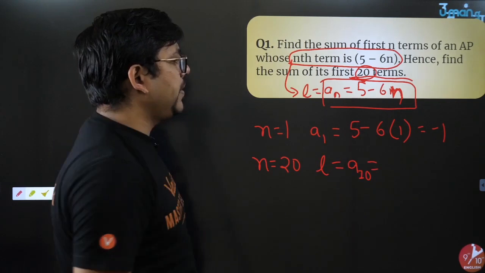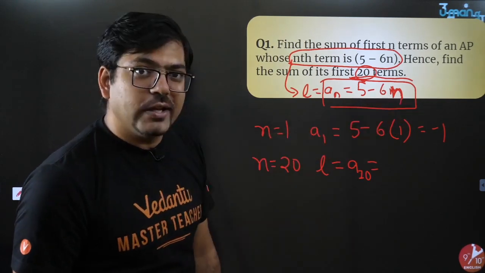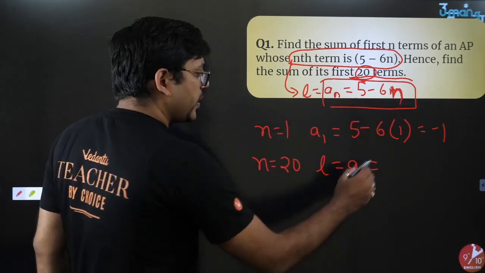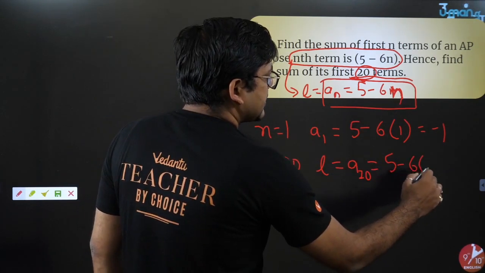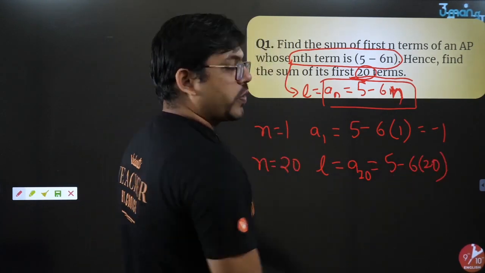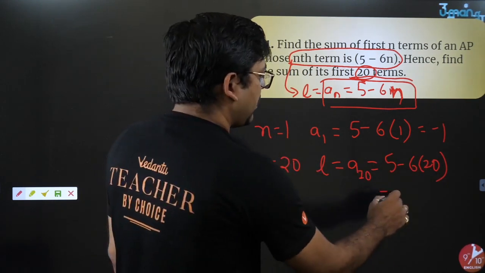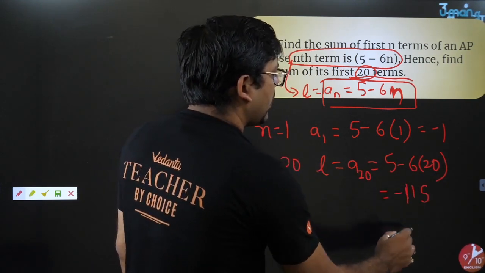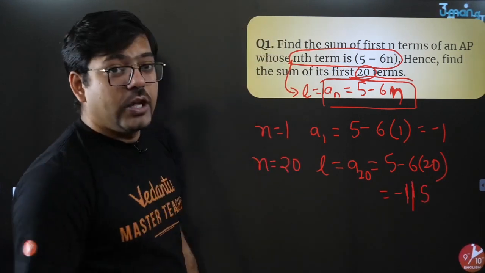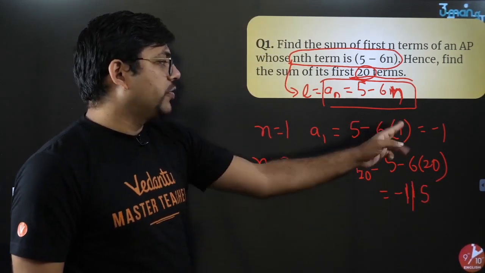So a20 will be 5 minus 6 into 20. 6 into 20 is 120. 5 minus 120, so the value will be minus 115. So we got the last term, we got the first term.